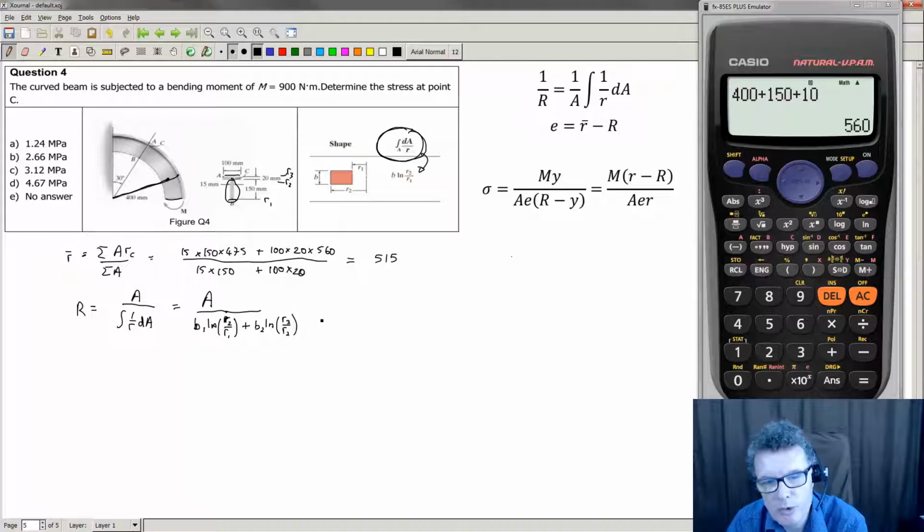So put all those values in. And you get the area. You can do that by using the lower section here. So I'm working in millimeters. So my lower section is 15 millimeters.